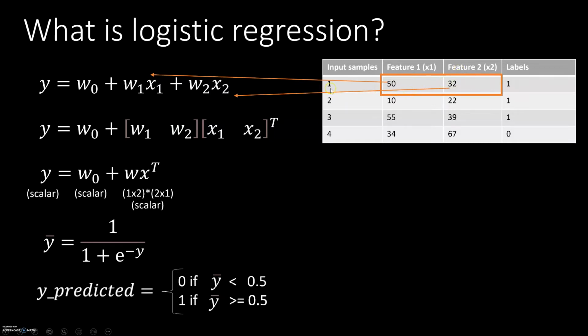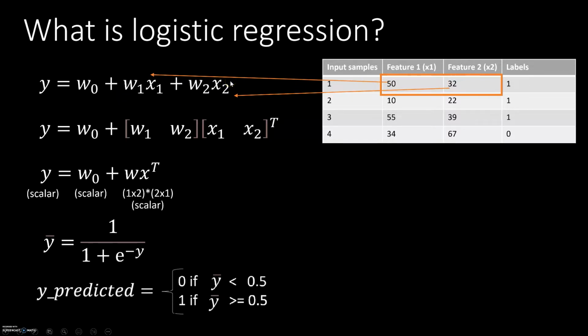In this case, 3 of our samples belong to one class and one sample belongs to another class. So we have 2 classes, a binary classification problem that we're trying to solve. Let's try to fit this into our logistic regression model. We will just take one sample and try to fit that.